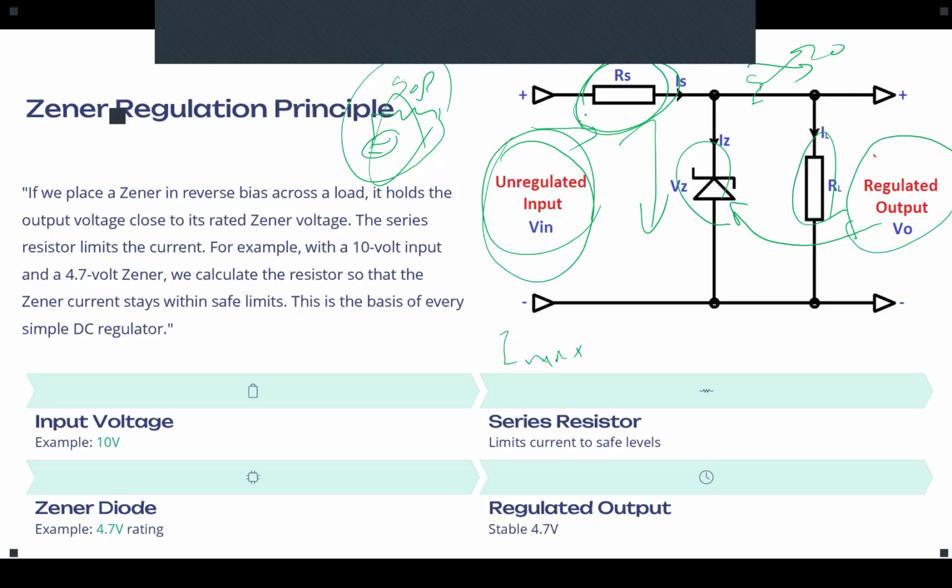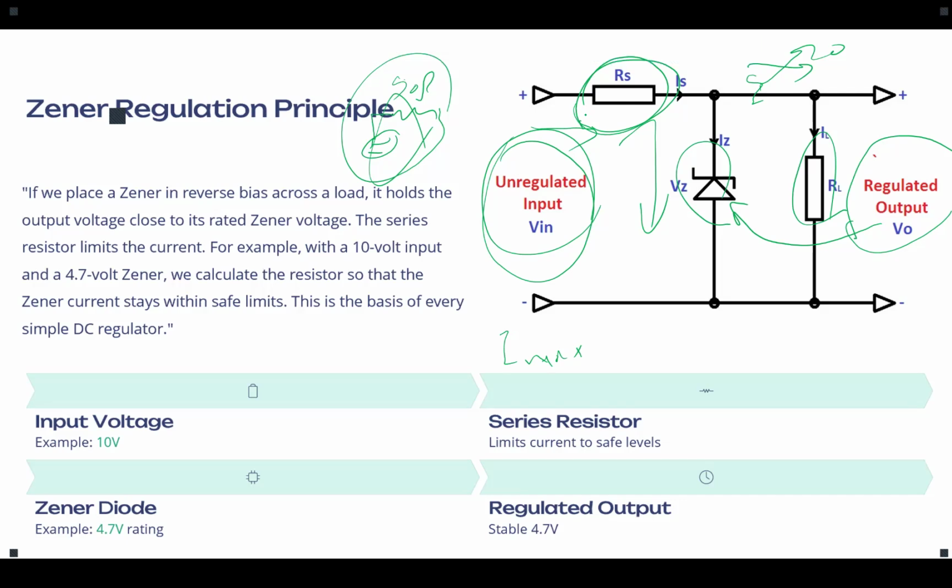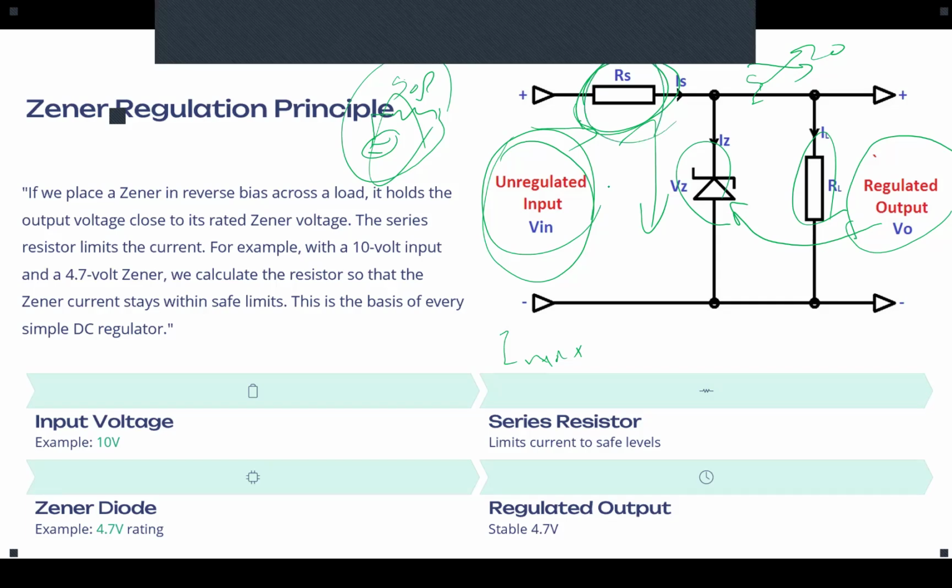For example, if you have 10 volts on your unregulated voltage source and you put in 1K, the maximum current passing through the resistor is 10 over 1K, by Ohm's law. Are you good? This is how we make sure our Zener diode is safe.